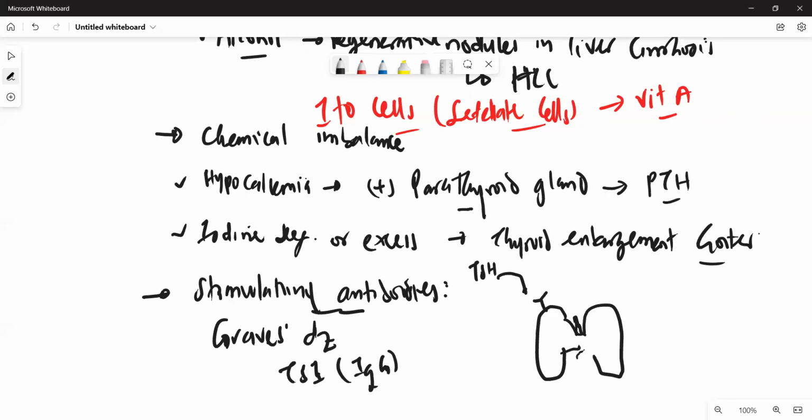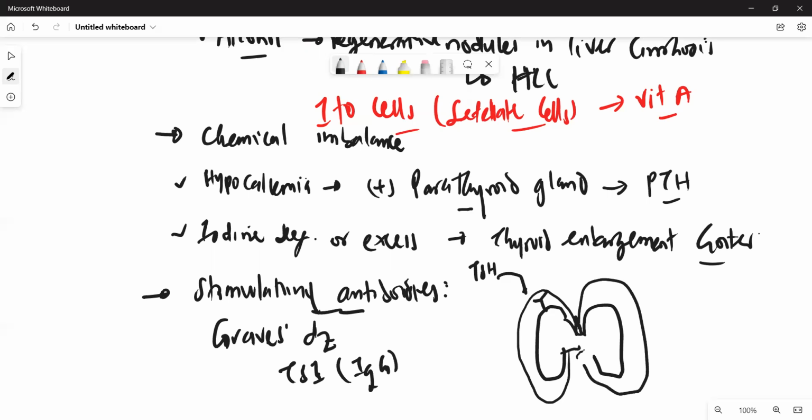But in Graves' disease, they are making antibody against this receptor. So this antibody has the ability to stimulate this receptor. And by stimulating this receptor, this thyroid gland is going to start producing more thyroid hormone. And because of that excess stimulation, there's going to be an increase in the number of cells there.